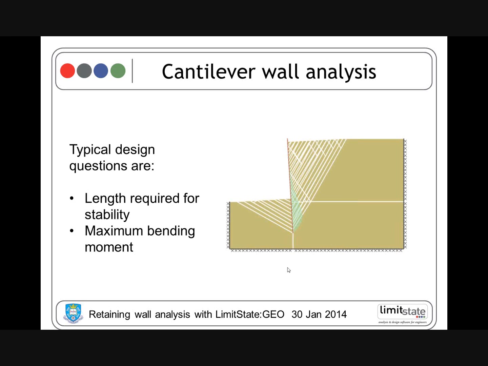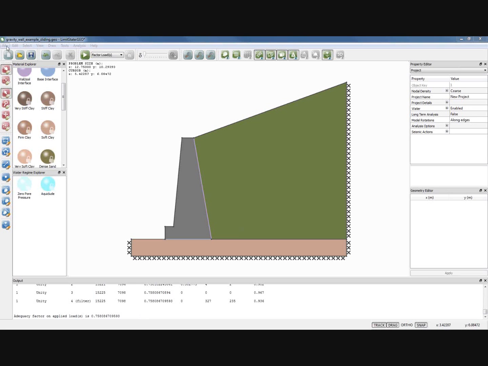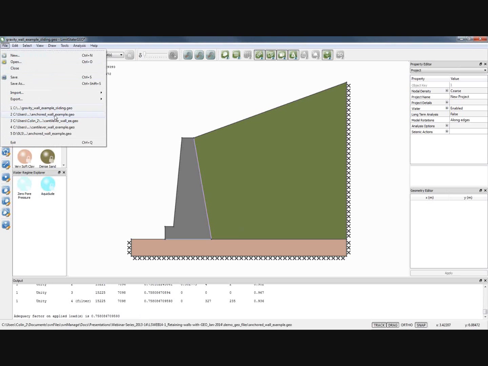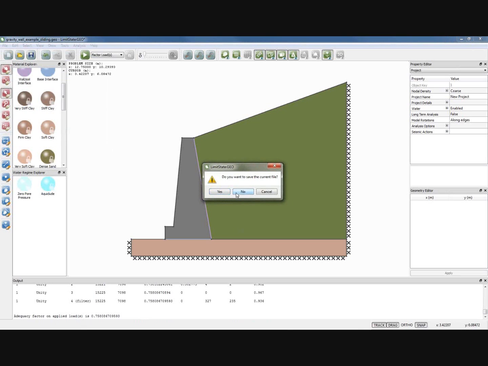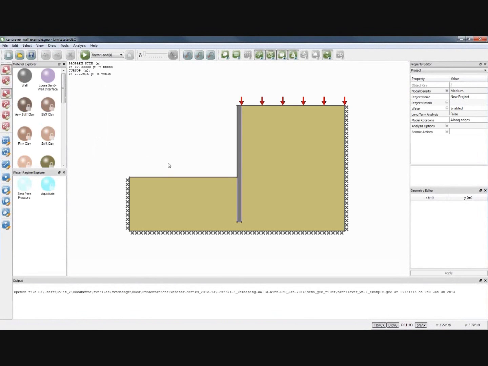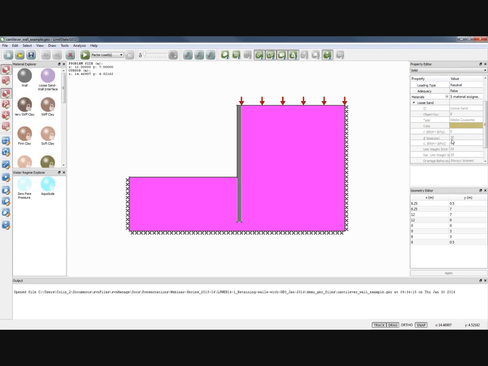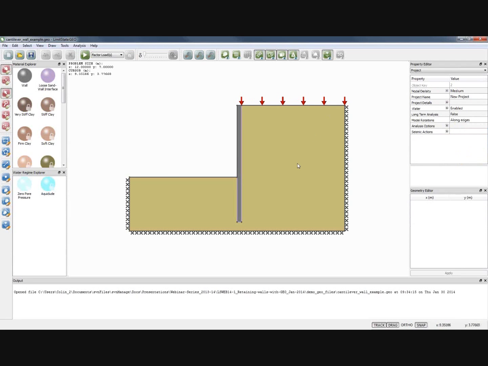So we'll look at the software and how we might model that. Here we've got a cantilever wall, and it's essentially surrounded by a loose sand with an angle of friction of 30, and we have a surcharge behind the wall.